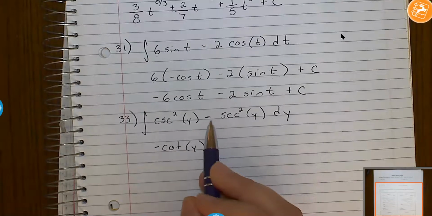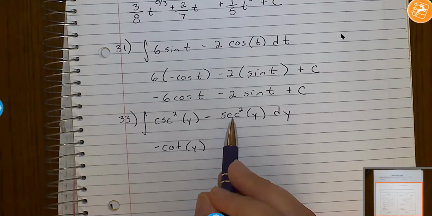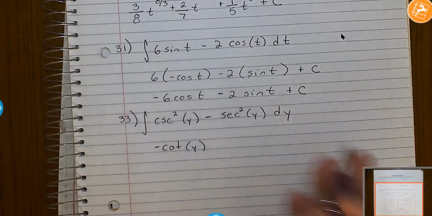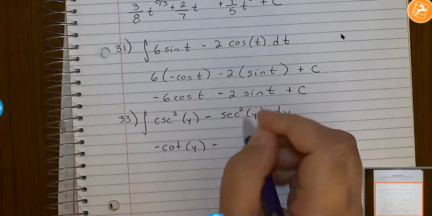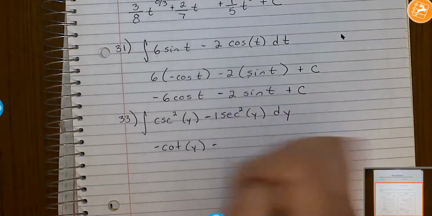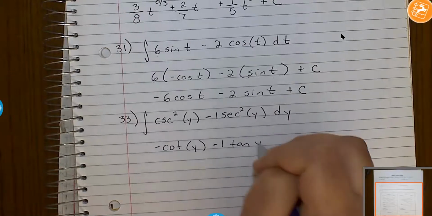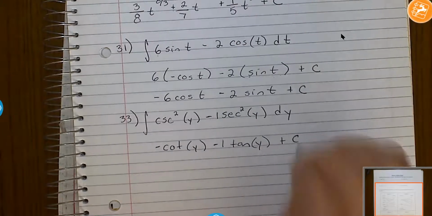And then the integration of secant squared, if you remember, the derivative of tangent was secant squared. So the integration of secant squared is going to be tangent. So minus, we could put a 1 in here, so minus 1 tangent of y plus c.